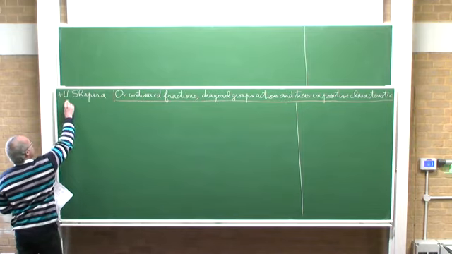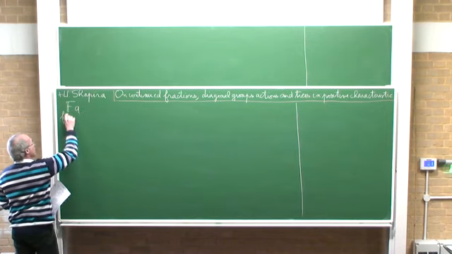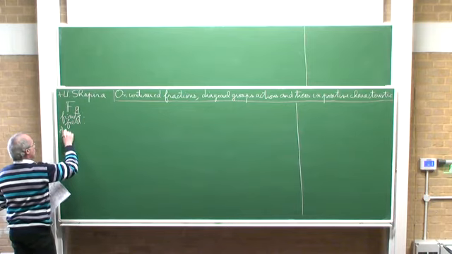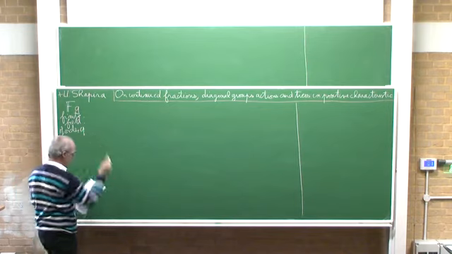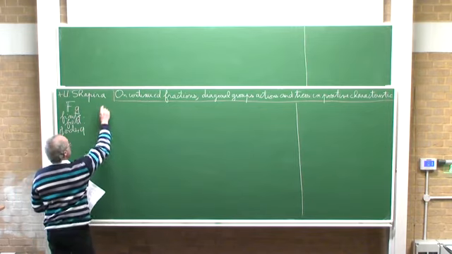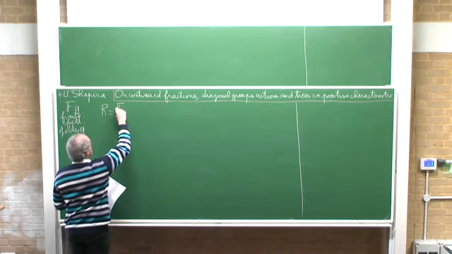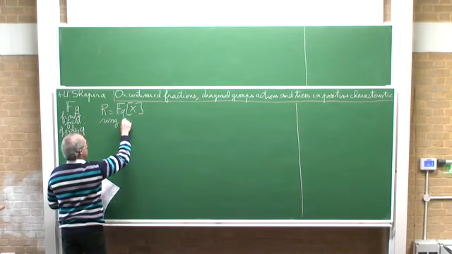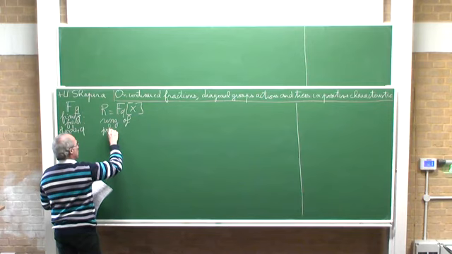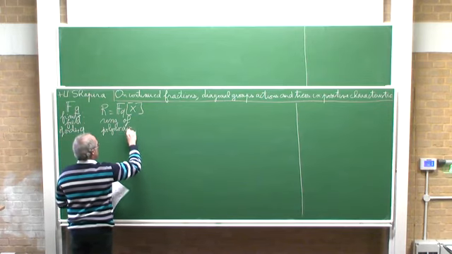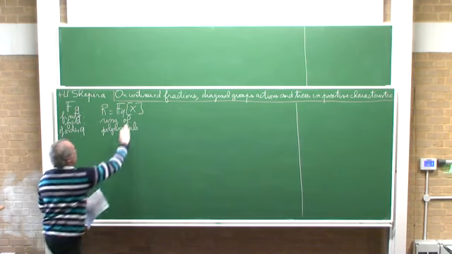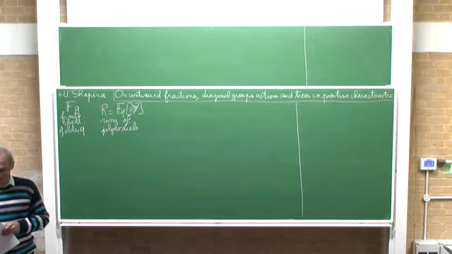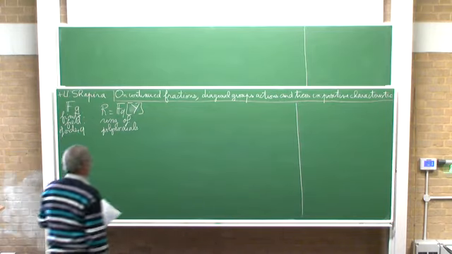Okay. So F_q is going to be a finite field of order q, which is a power of some prime. R is going to be F_q[y], the ring of polynomials in one variable, which I'm going to denote by y, over the field F_q.